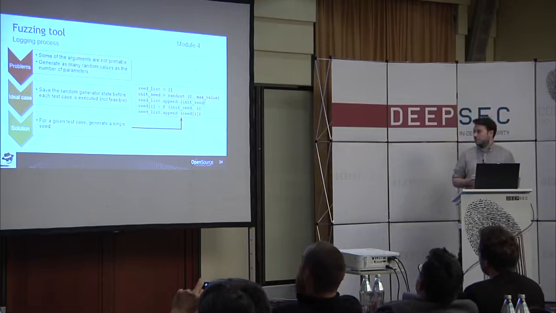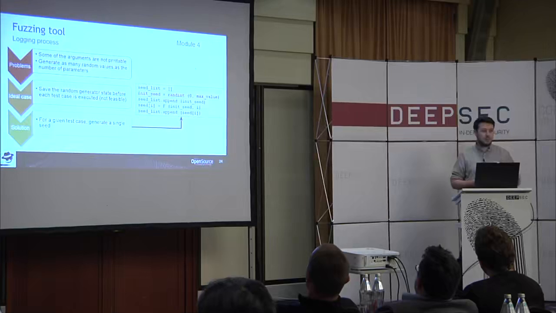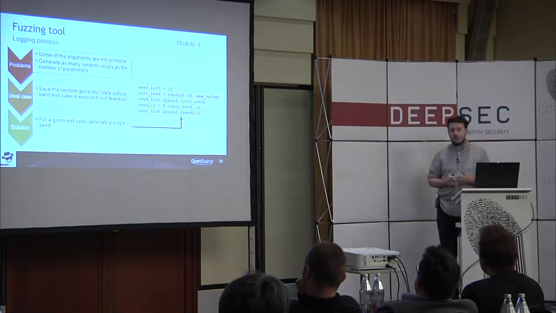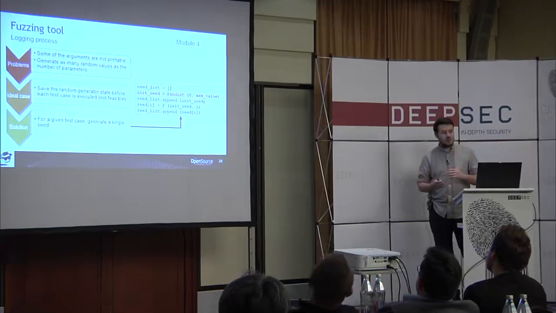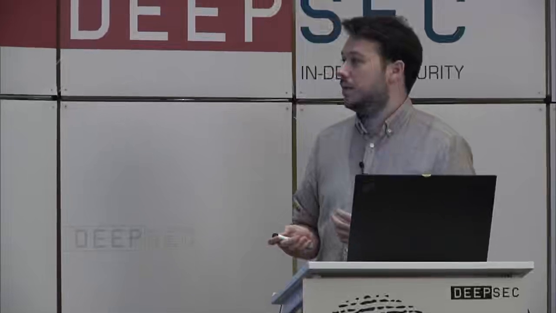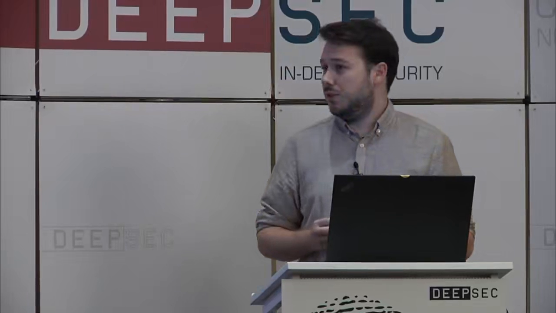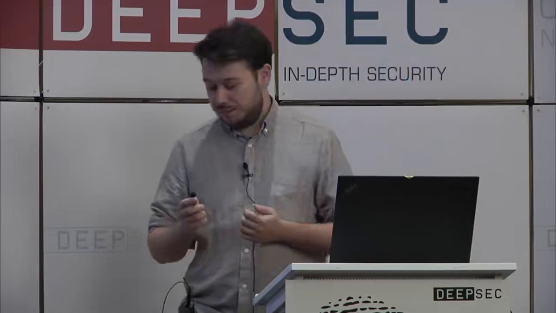So the idea is for a given test case, you generate only one seed that can be used then to reproduce the issue, and then the rest of the random seeds are a function of the initial seed and, let's say, the number of the parameter. It can be like, I don't know, init seed +1, +2, something like that, anything. So this way we can solve this issue, and we can generate the fuzz parameters using a single random seed.